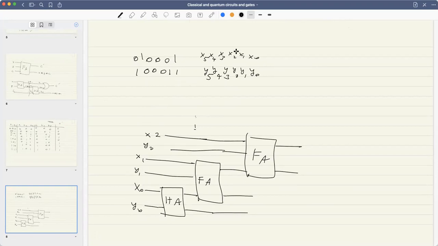I'm going to keep going until I reach y5 and x5. So that's 12 bits. And that's a circuit that takes in 12 bits. It does some manipulations, and it produces, at the end of the day, I believe, 7 bits maximum, because you can have a carryover at the very end.